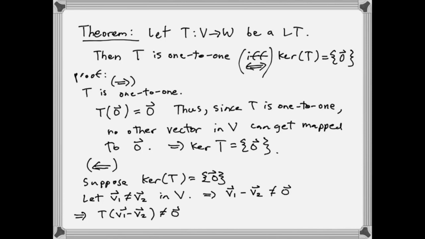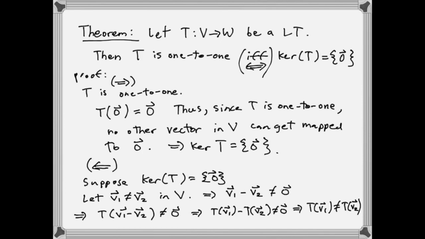So since V1 minus V2 is not the 0 vector, that means T of it does not go to 0. But this is the same as T of V1 minus T of V2 not being 0. And what did I use here? I used axiom 1 of linear transformations. But if I add T of V2 to both sides, this means that T of V1 is not equal to T of V2.